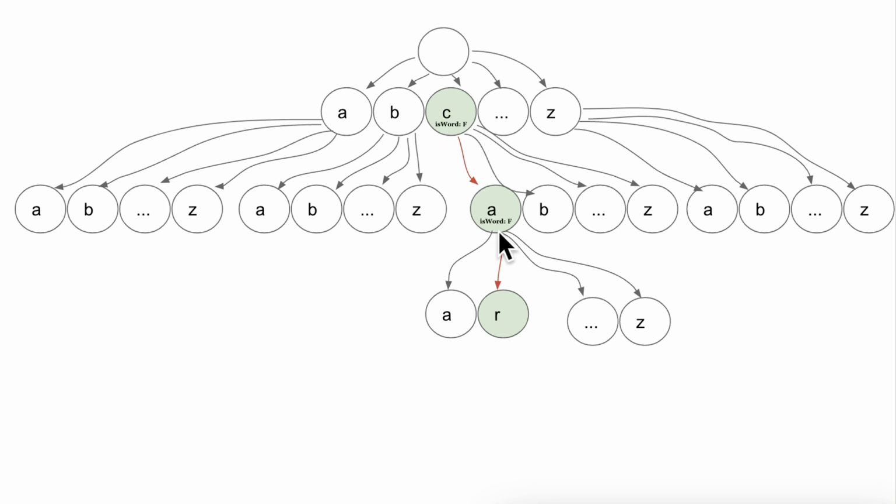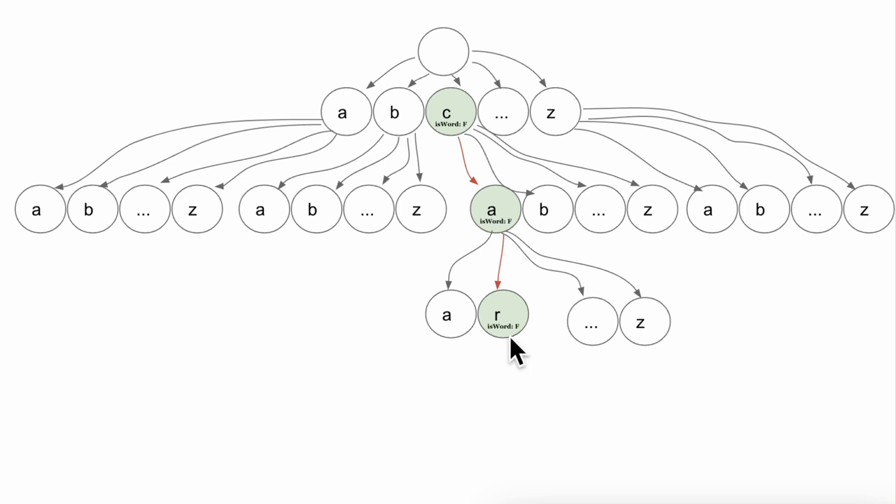This node includes the character A, which currently has a default isWord value of false. If I backtrack this path and ask, hey, is CA a word? The answer is no. Therefore, I keep the isWord value as its default false.